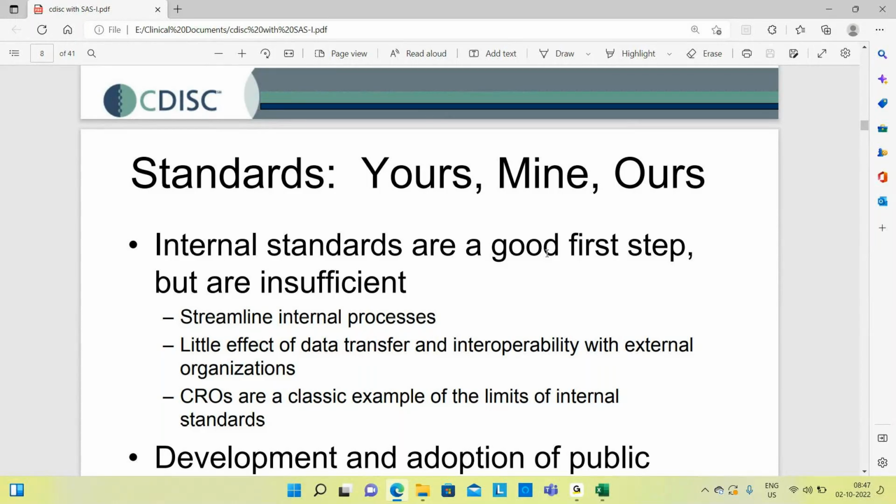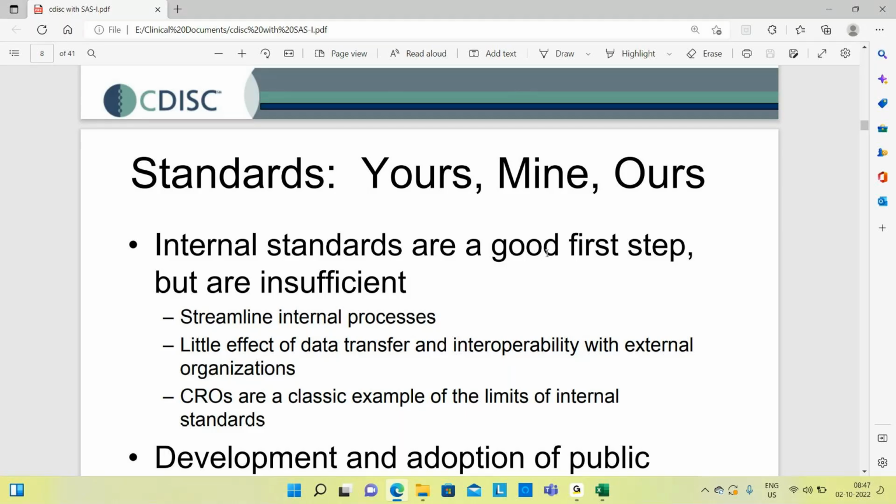Streamline internal process. Little effect of data transfer and interoperability with external organizations. So if you are following standards, you can streamline your process.